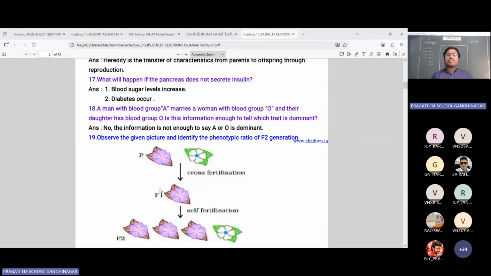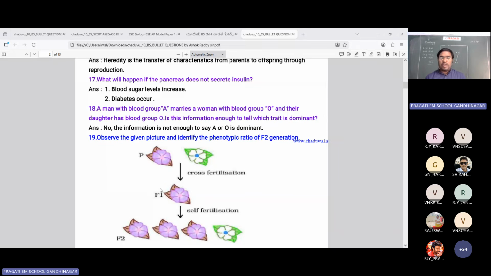The main function of insulin is that the blood sugar level is balanced by the secretion of insulin, isn't it? So if the pancreas is not secreting insulin, what will happen? The blood sugar level increases. Diabetes occurs, which is one of the diseases.